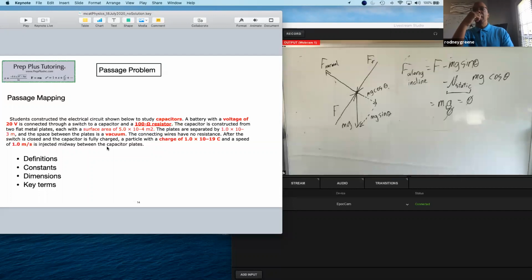And if after you finish mapping it, you decide, look, I don't want to do this question right now, I want to come back to it later, then it'll help you work on the problem if you're running short on time. You just look at those things that you've highlighted and go through and answer the question. So that's an example of passage mapping.